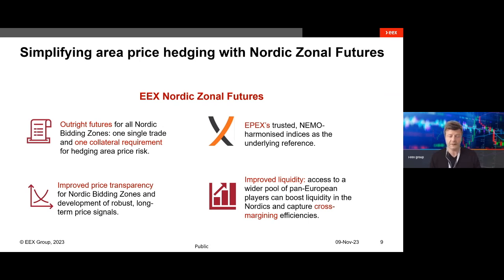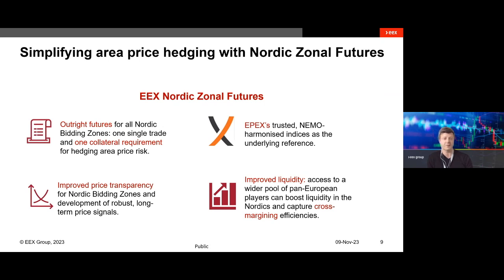It is our general intention to improve the price transparency in this market. We wish to improve this price transparency for the Nordic bidding zones to create robust long-term price signals. We also wish to do this with our sister exchange platform, the spot market platform, EPEX. EPEX, as most of you know, runs the respective spot markets in a number of countries in Europe.